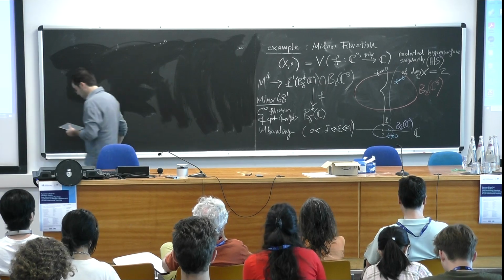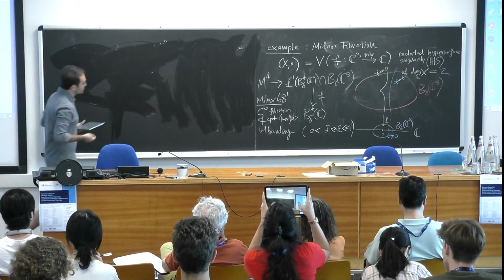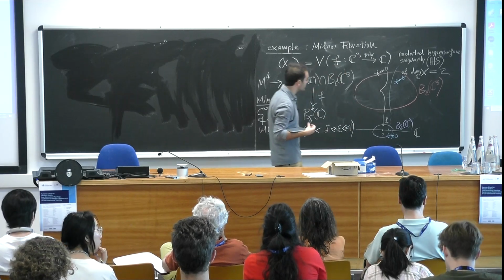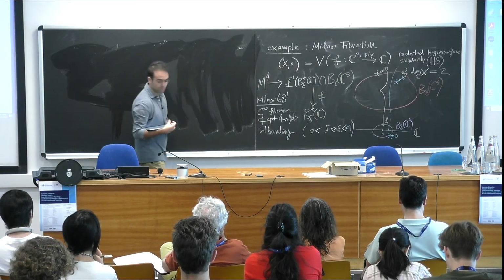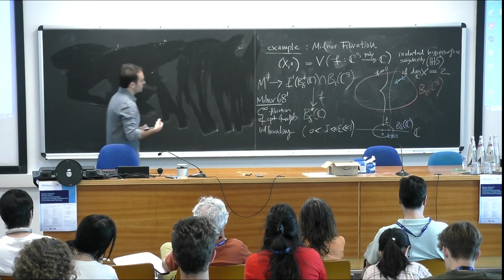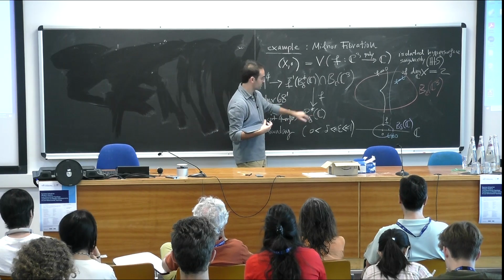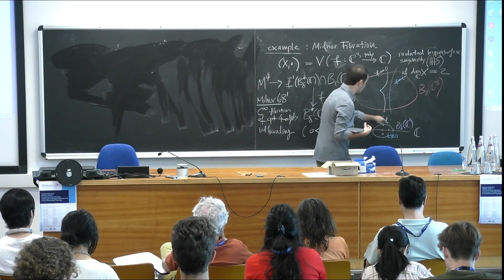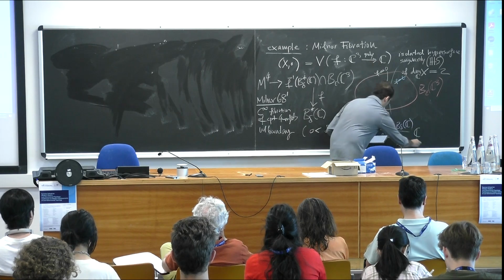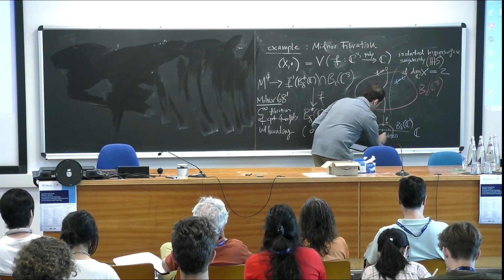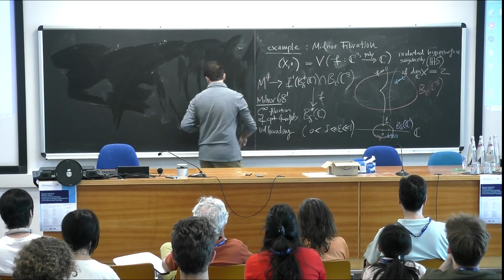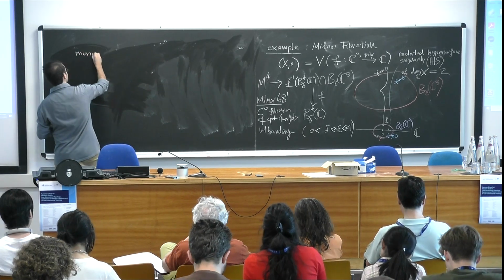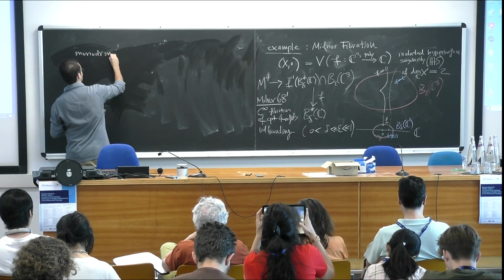And so if you have a singularity, then you can look at its Milnor fibration, and this is a fiber bundle over a punctured disk, so you can look at the monodromy along the boundary, and this will define a diffeomorphism. That's the monodromy of the Milnor fibration.